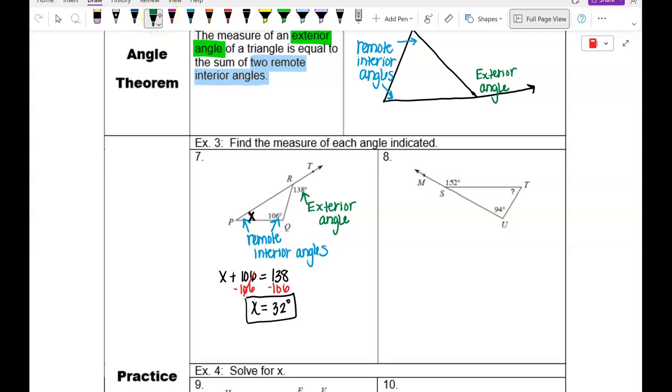All right, number 8, the 152 here, that would be my exterior angle. Which means angle U here and angle T here are my remote interior angles.